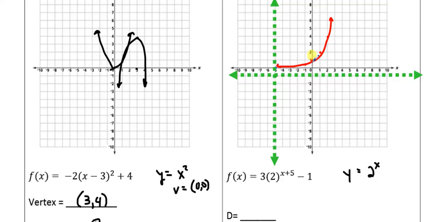So at 0 we were at 1, but we had to go down 1, and we got a factor of 3, so instead of 1 we're at 3, and then down 1, so we're actually at negative 5, we're at 2, so we're right here.